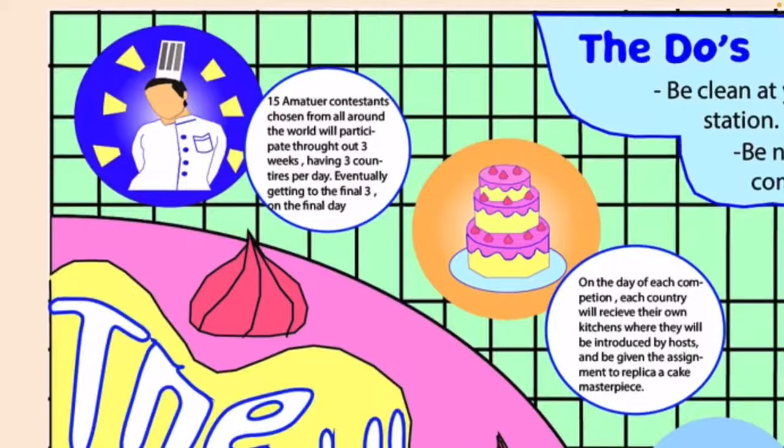Overall 15 countries participate, and each day 3 countries will participate in the first week. Whoever wins each of those days gets chosen for the semi-finals, and then eventually those get cut down and it goes to the finals.